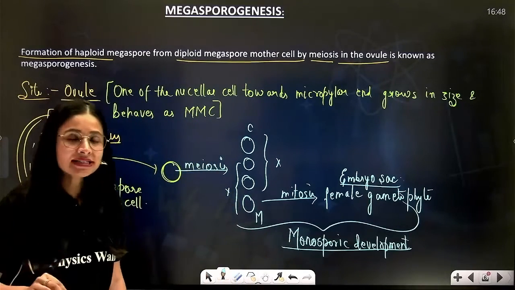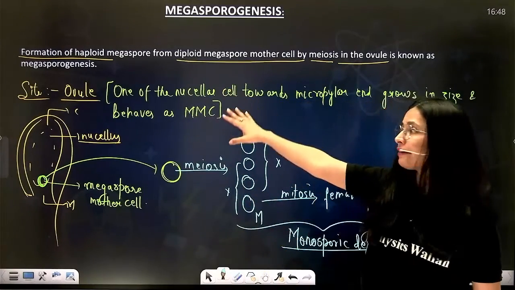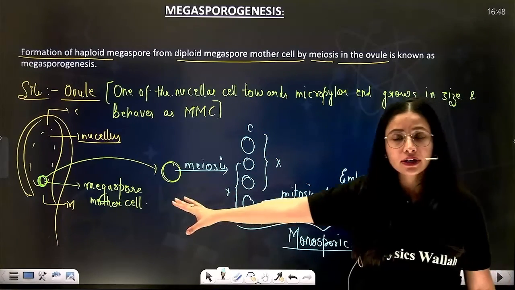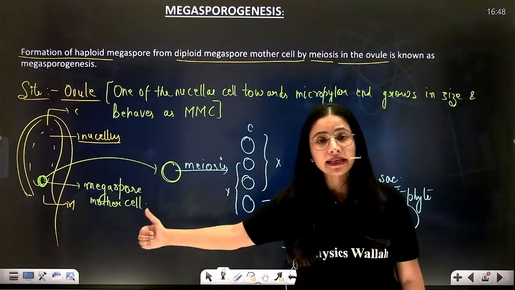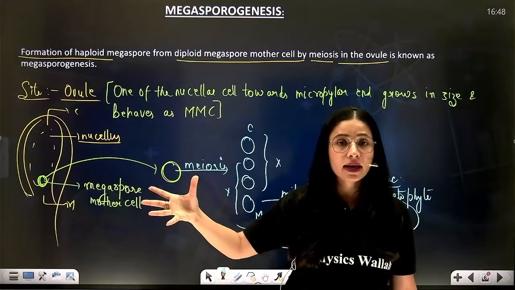Understanding? Once again I am repeating, please pay attention. You are having an ovule. You know the structure of the ovule. One of the cells of the nucellus towards the micropylar end grows in size and behaves as the megaspore mother cell.